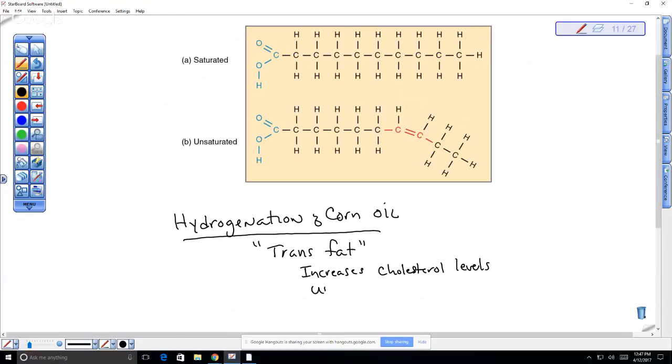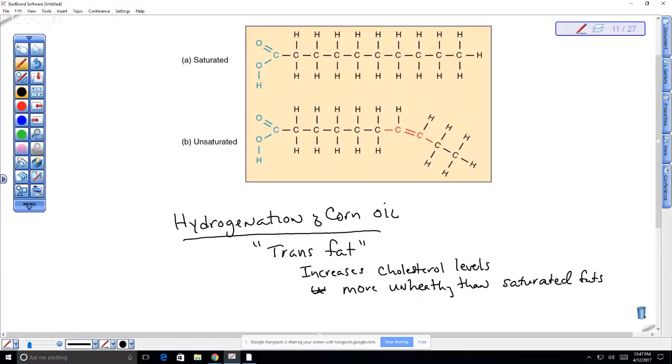So it is more unhealthy than simply consuming saturated fats. So for example, I would say if you had to choose between margarine and butter, butter is more healthy than margarine because margarine is generally a trans fat.